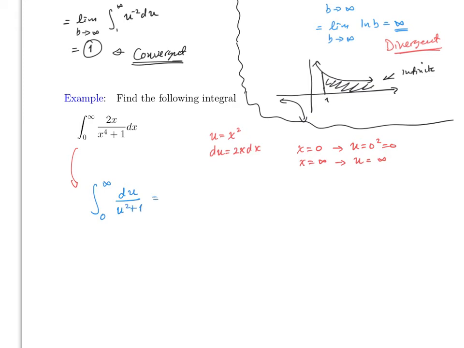which is one of the basic integrals. So this is the limit as b goes to infinity of the integral from 0 to b of du over u squared plus 1, which should be the limit as b goes to infinity of tangent inverse of u, from 0 to b.